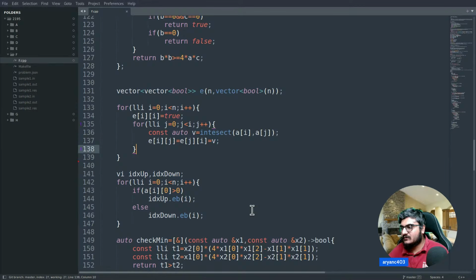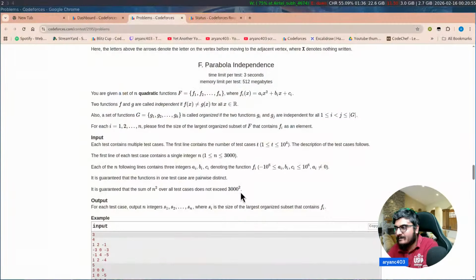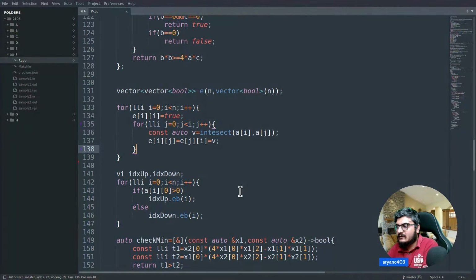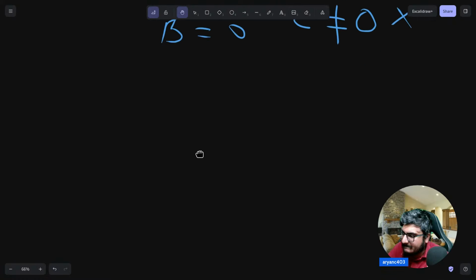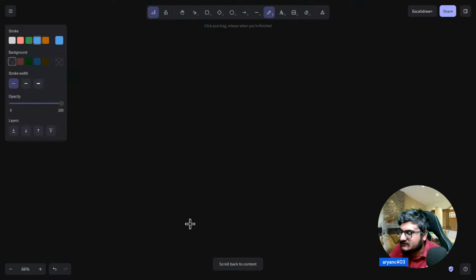So now the main idea was, let's solve for the downward parabolas.